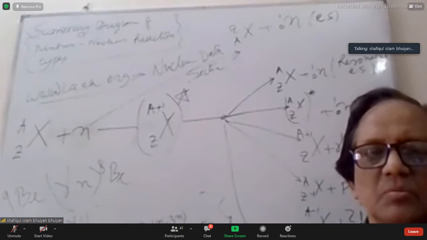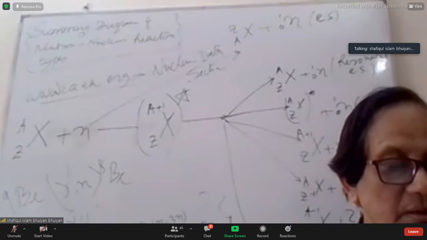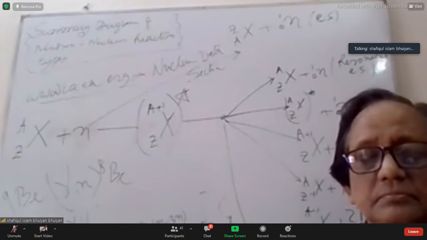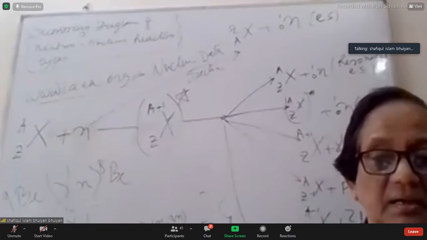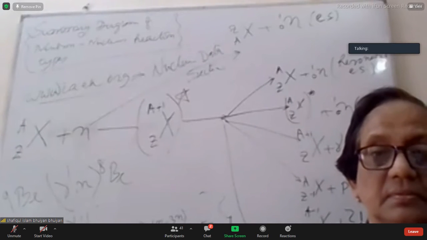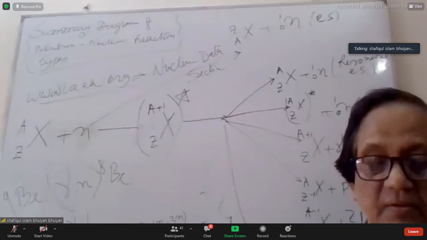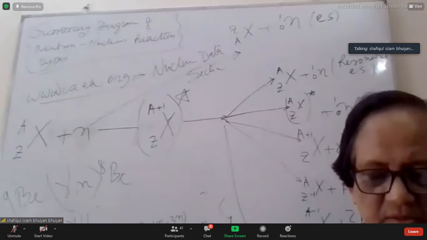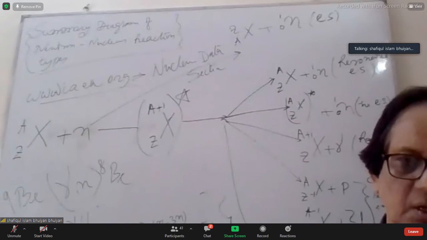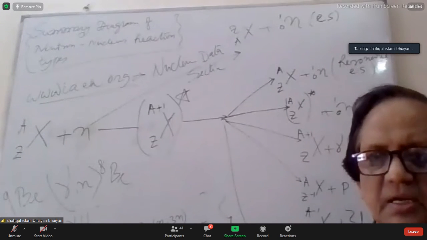One is the neutron multiplication factor, and the cross sections and the flux. Flux is neutrons per centimeter square per second. We will define flux in the future.